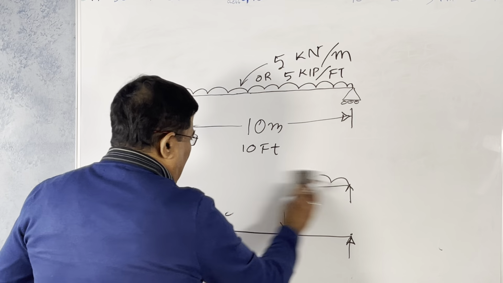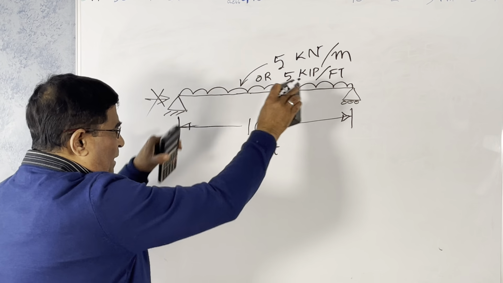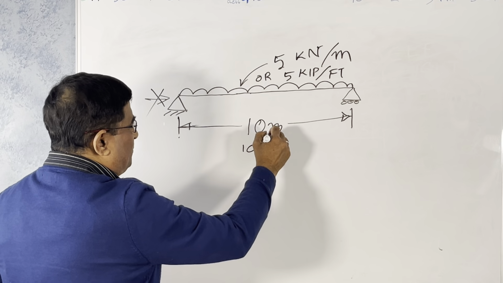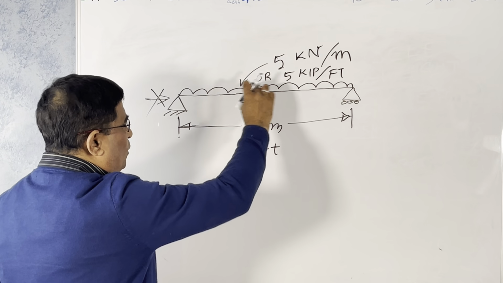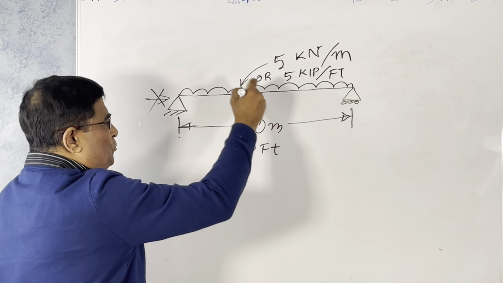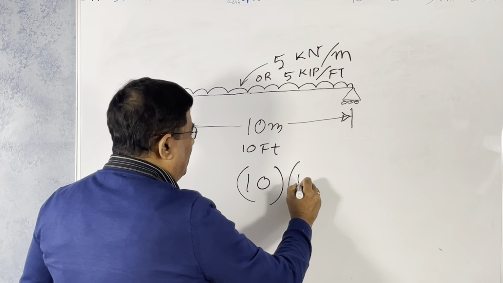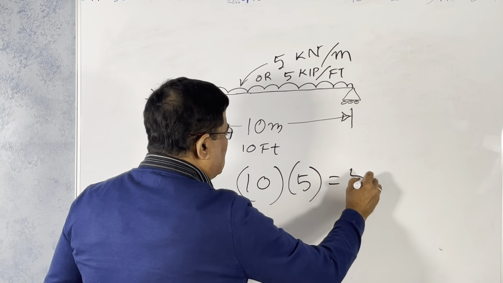Now, because it is symmetric, we can simply find half of the whole thing. What is the total load of the UDL? 10 times 5, so the total load is 50.